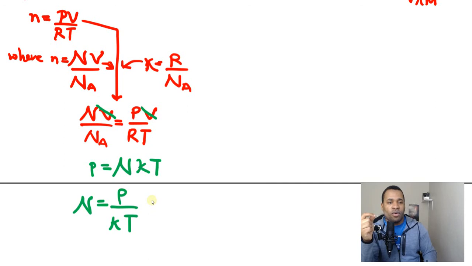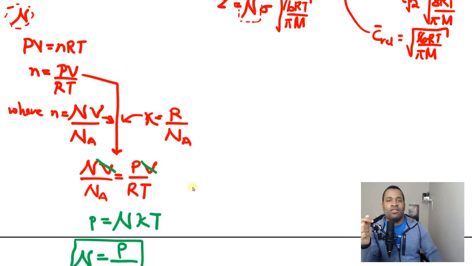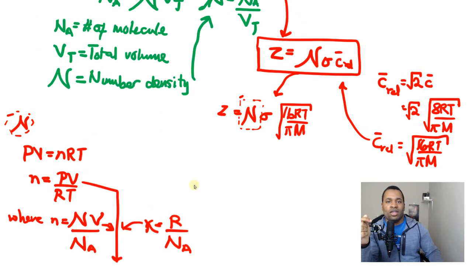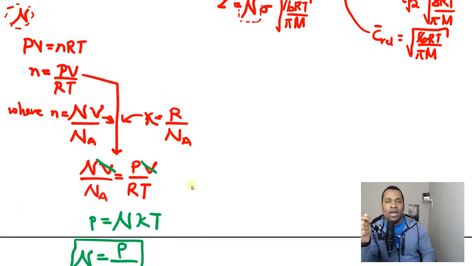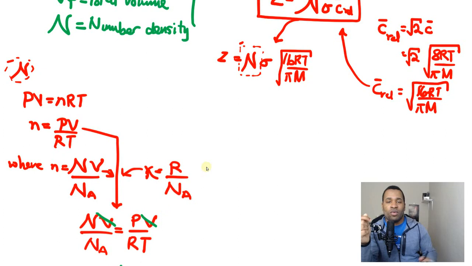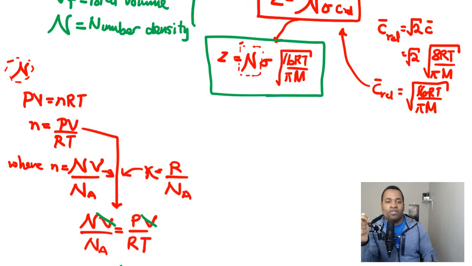Now, so once we're able to determine our expression in terms of the number density, we're going to apply this now into our equation above, where we have our Z, which represents the collision frequency, now in terms of the Boltzmann constant and also the temperature and pressure.